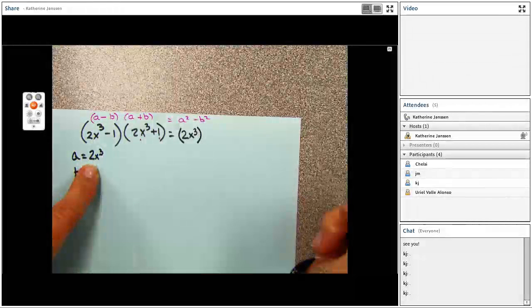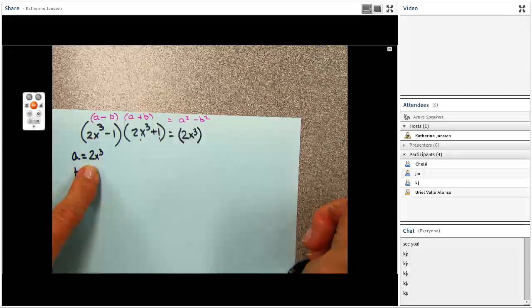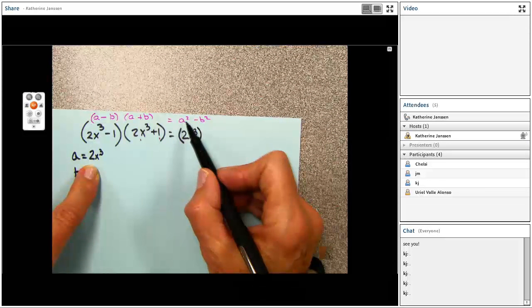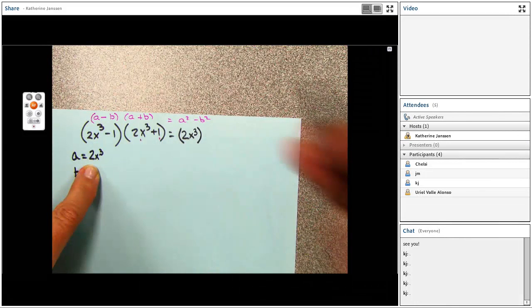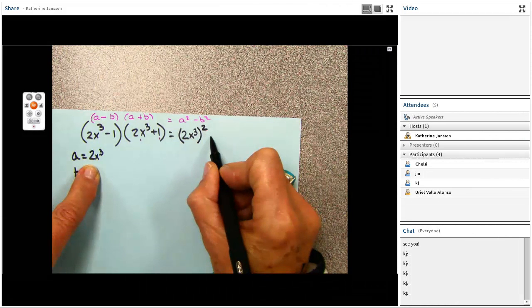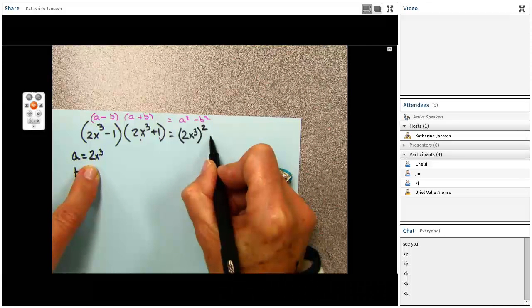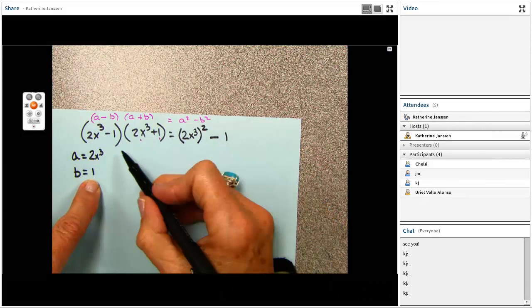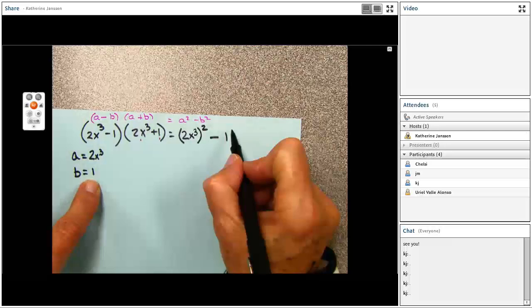That's the whole term a. So I'm substituting it into my answer form pattern. A is 2x cubed, the quantity, but I need to square it. Part of my recipe is subtract. B's value is 1 in this example, but I need to square it.